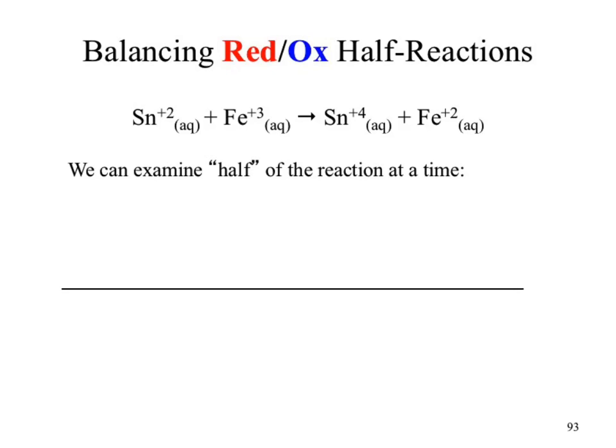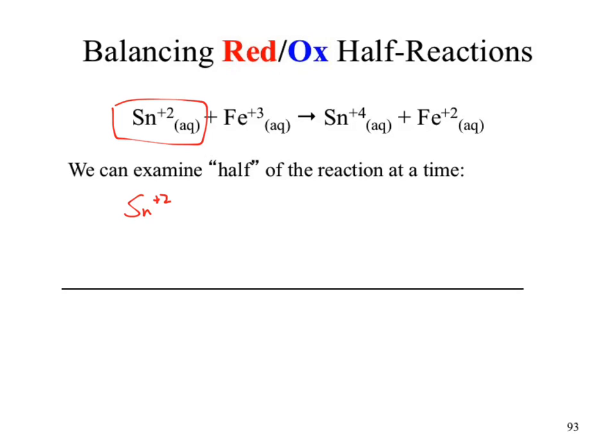To do this, it is usually easiest to split it into the half reactions and balance each half reaction independent of the other. So what would our first half be? Well, what's the first element you see? Tin plus 2. There's only 2 reactants, so I'm going to ignore the other reactant.